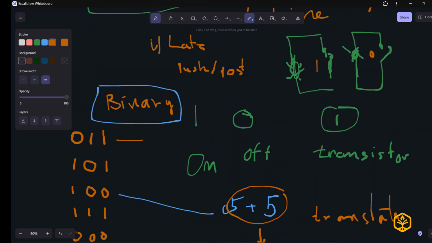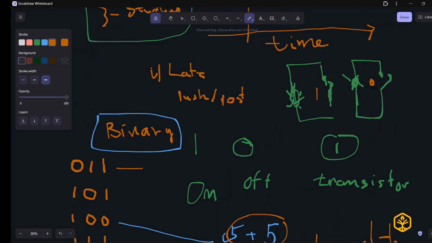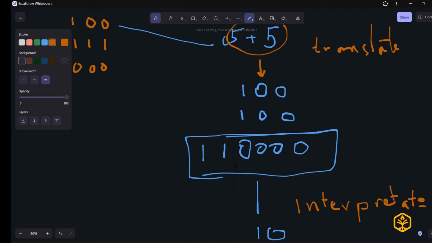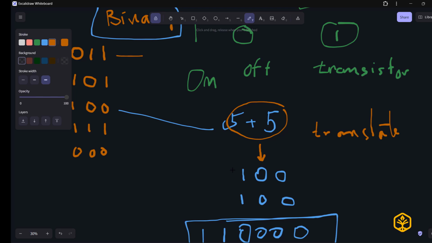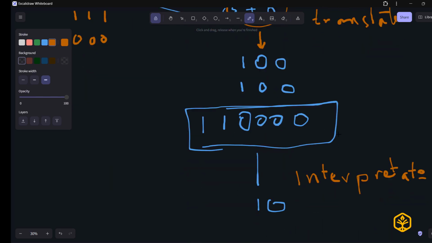So this brings us to the point that since the computer understands only this language of switches and so on, how do we program it? It means anytime we want to give it a program that looks like this, let's say 1 0 0 1 1.